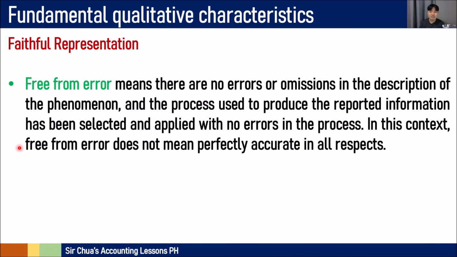Pero, ang sinasabi po sa atin ng framework is that freedom from error is there are no omissions in how you describe and report the phenomenon, and the process itself to produce that information, sana maiwasan po natin yung pagkakamali. And also on the calculation side, basically, accounting is about calculations as well. So, on the quantitative side ng pagka-calculate natin, syempre dapat dun din po iwasan po nating magkamali.